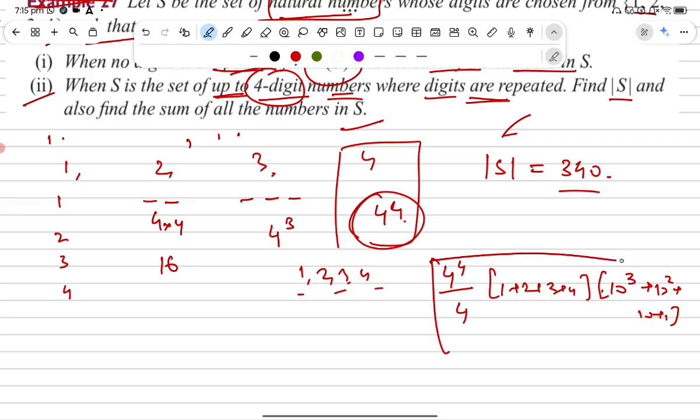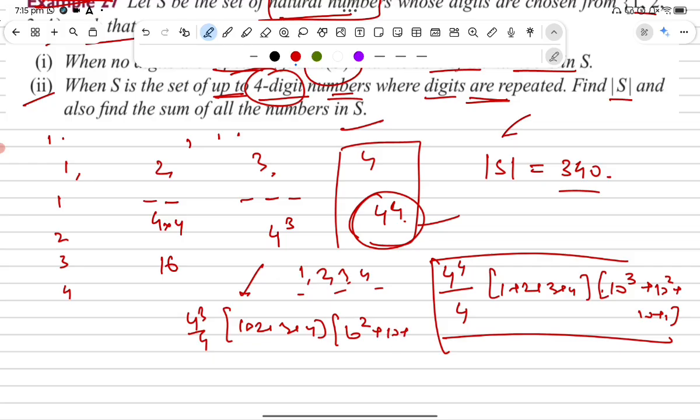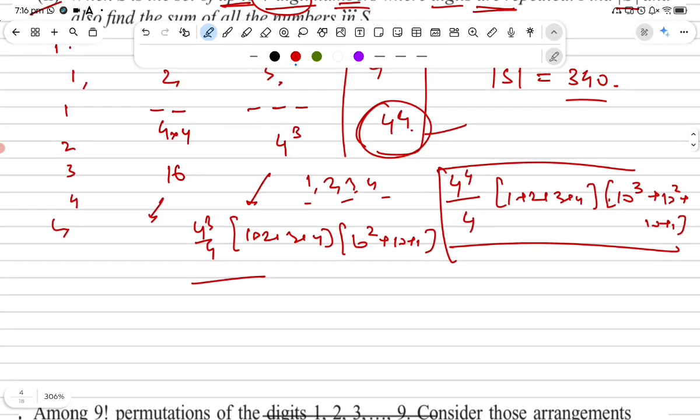This is the sum of all 4 digit numbers possible, such that repetition is allowed. In this case, we'll have 4 cube by 4. Same thing. We'll change the place value as well. I hope you can do this now. I'm not getting further into it.